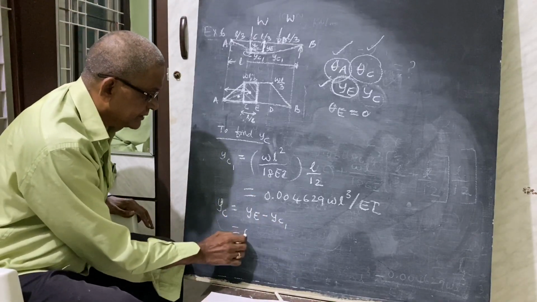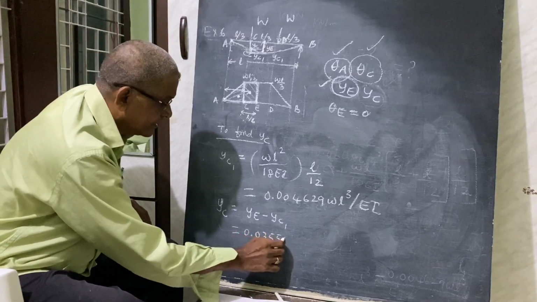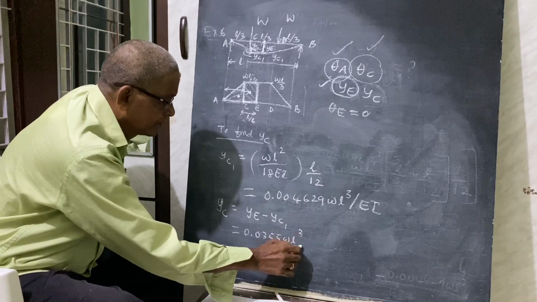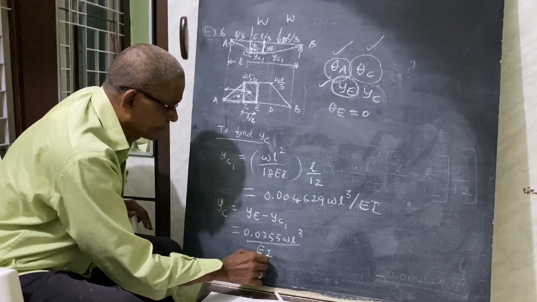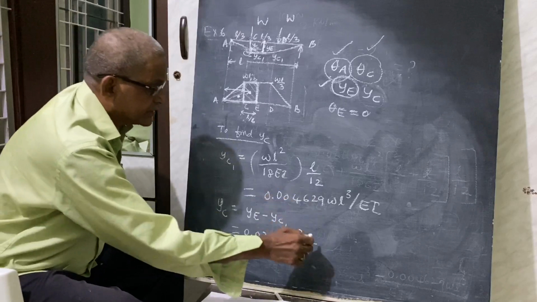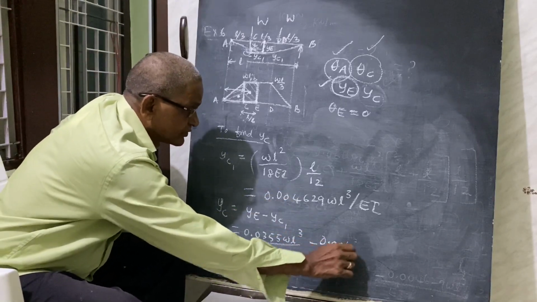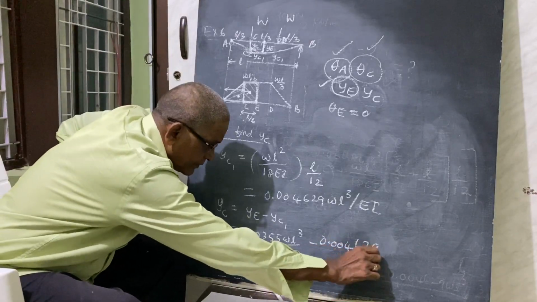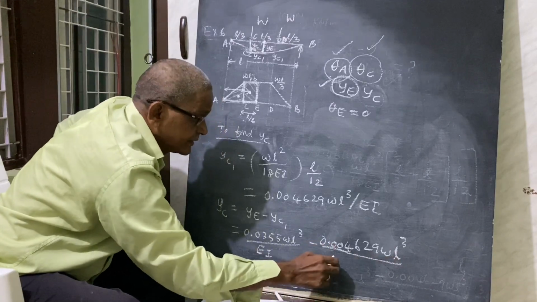Already calculated: 0.0355 WL cube by EI, minus YC1, which is 0.004629 WL cube by EI.